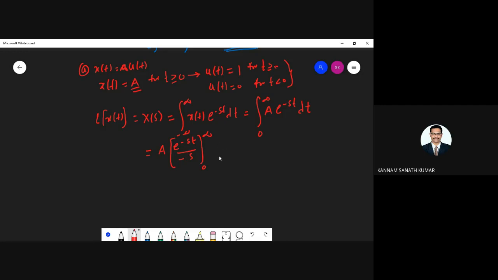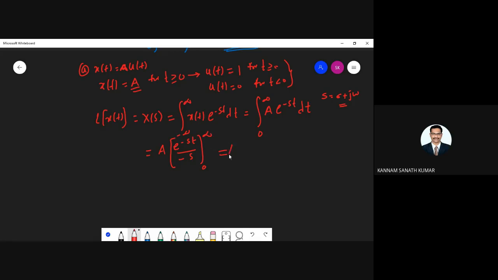Before applying the limits, you should replace s equal to sigma plus j omega. Why replace? In order to find the ROC of the given Laplace transform, you need to replace s with sigma plus j omega.